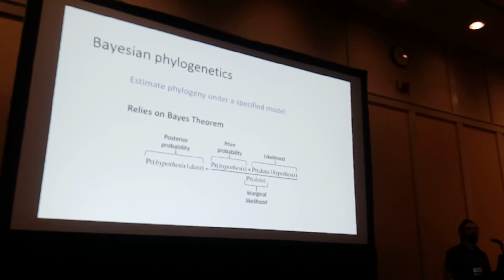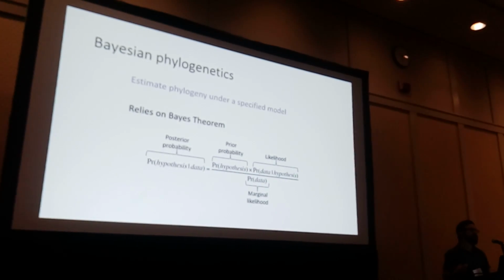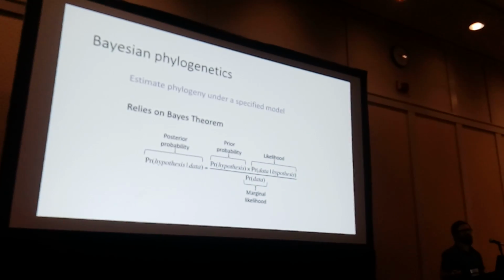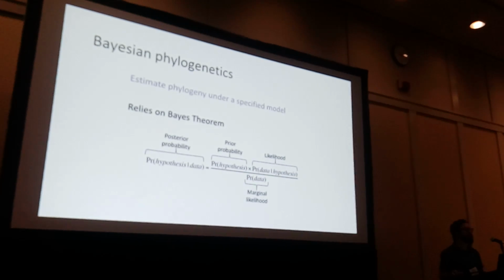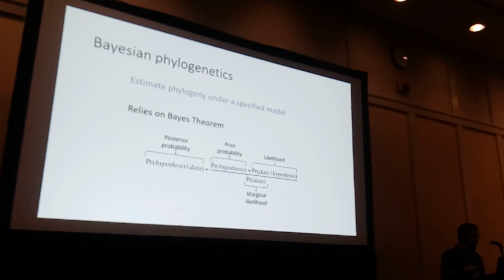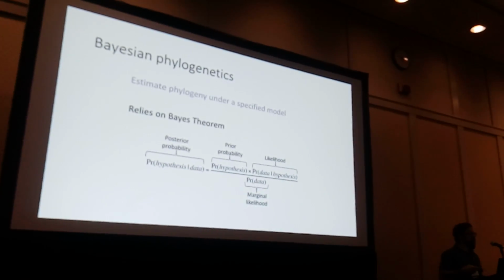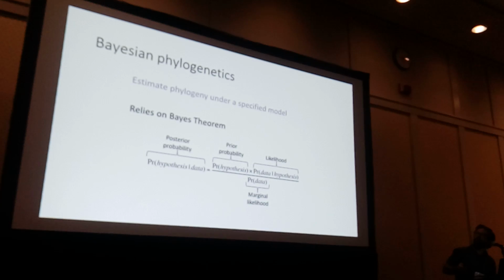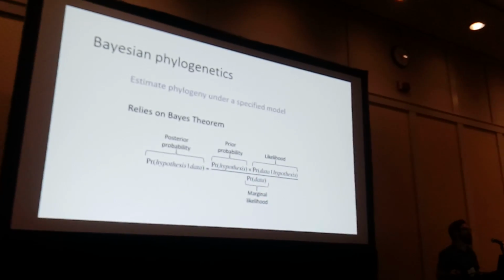Once we have our model of evolution in hand, we can go about estimating our posterior probability, or our posterior distribution. What we're interested in is the probability of our phylogenetic hypothesis, given our data under our model. And we do that using Bayes' theorem. The denominator of Bayes' theorem is the marginal likelihood.